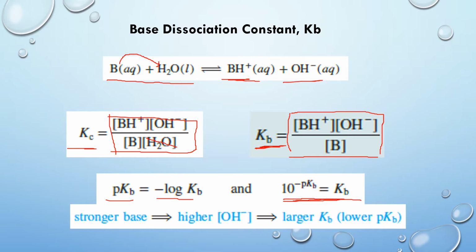To compare the strength of the base, the stronger the base, the higher the Kb value. Because pKb is the negative log, the stronger the base, the lower the pKb value. So don't confuse Kb and pKb.